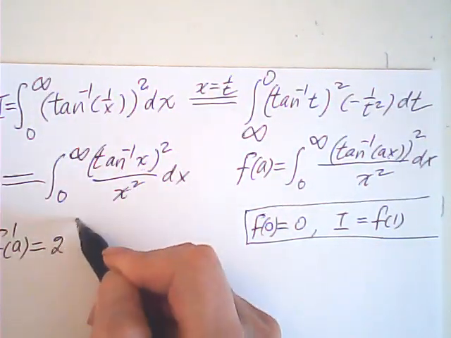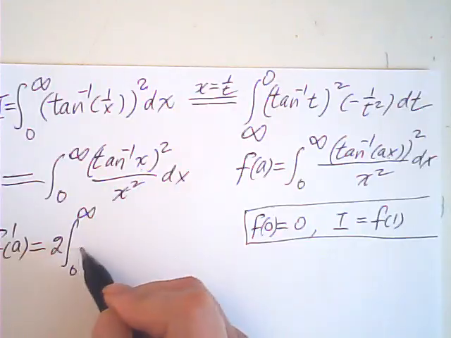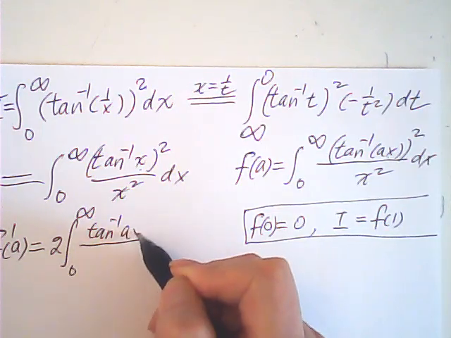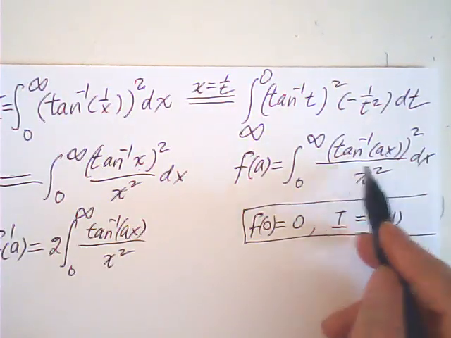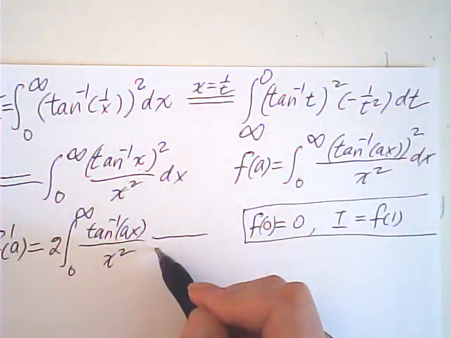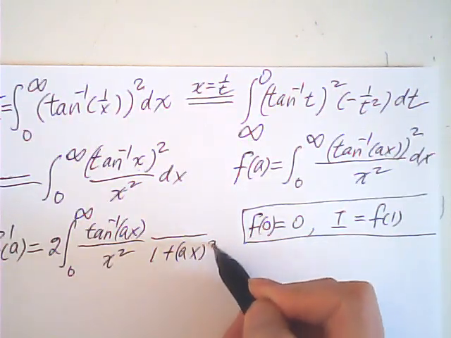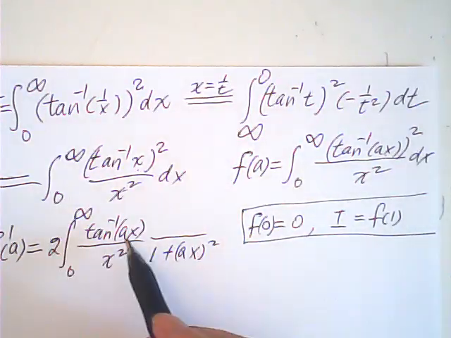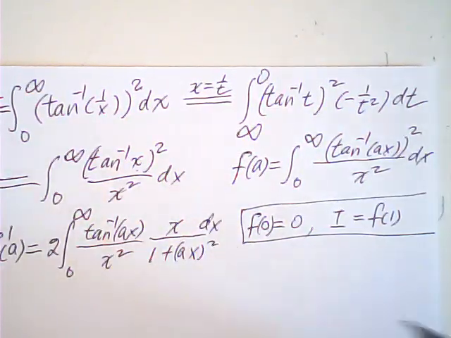So that will be 2 arctangent ax over x squared, then the derivative of arctangent ax, which is 1 over 1 plus a squared x squared, times, because x is constant and a is variable, times x again, and dx.